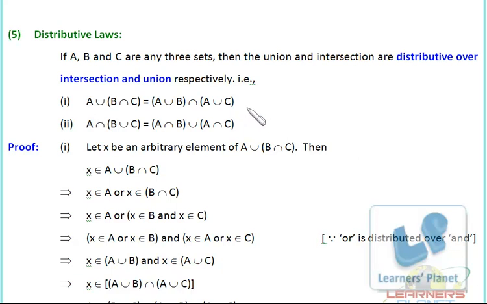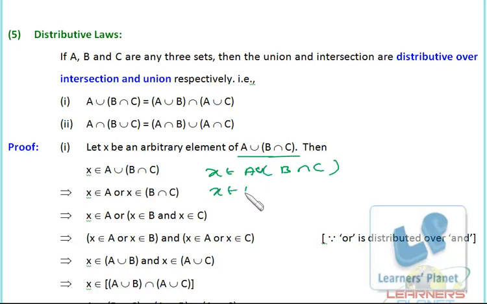Okay, again we'll start with X. Let X be an arbitrary element. Now we convert this to language. A union (B intersection C). So X belongs to A union (B intersection C), right?